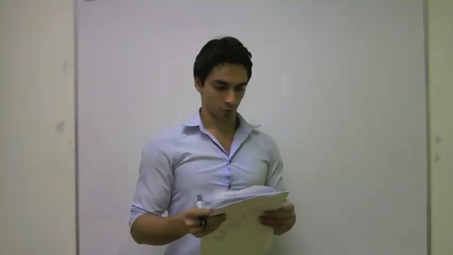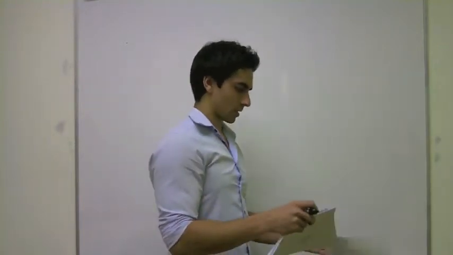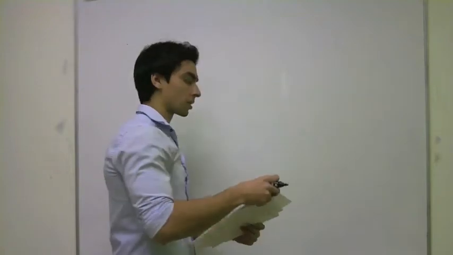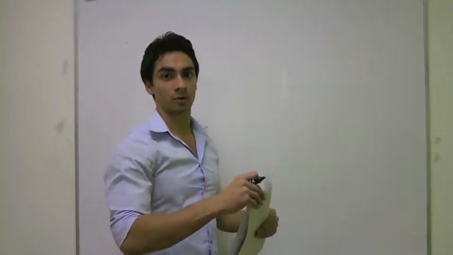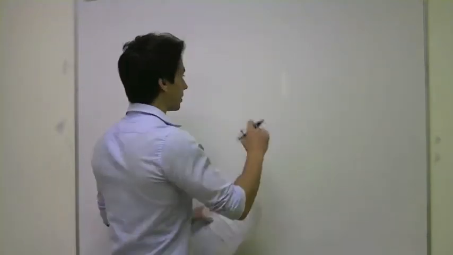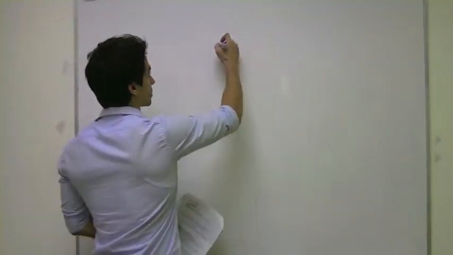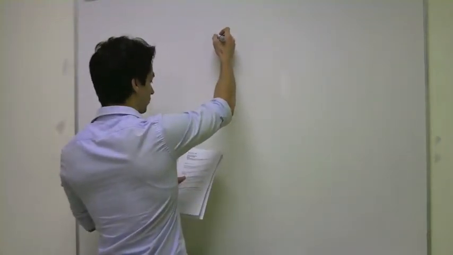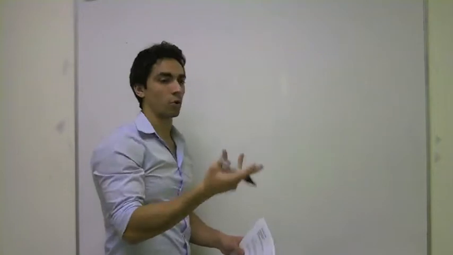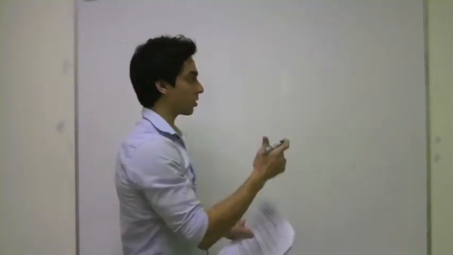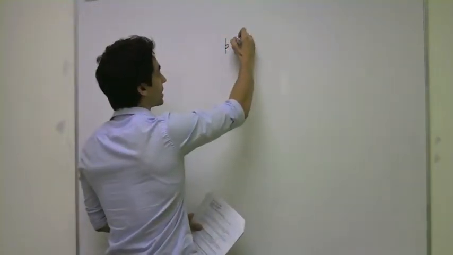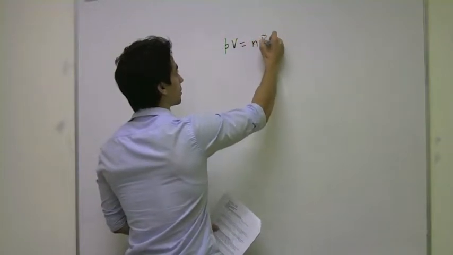Okay, so the first part is basically a continuation from where we left off in chapter 4. Where we left off was this: combining the three laws, Boyle's law, Charles' law and the pressure law, we get the ideal gas equation. Okay?